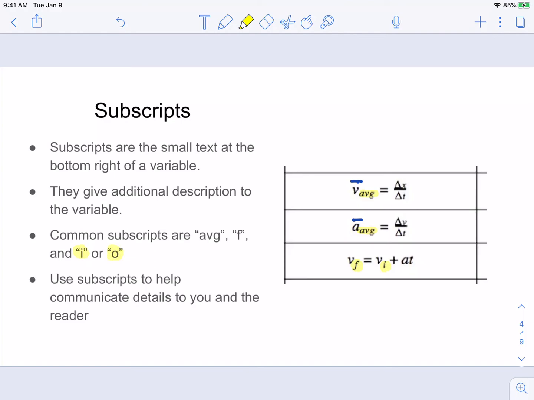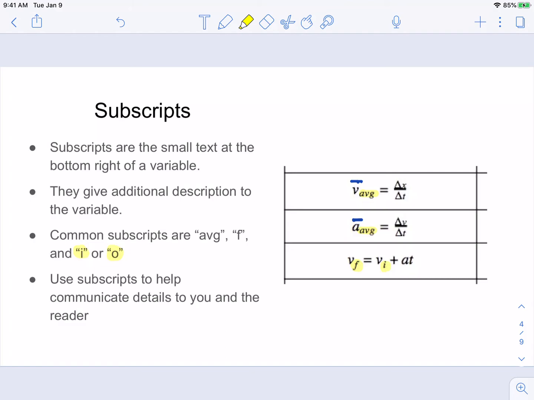And some people will say that lowercase o stands for original. So which one does your teacher use? That just ends up being the one that you use. Once you take enough physics classes, you realize that you're switching between these terms. But as long as you understand what they mean, it's not a big deal if somebody uses a lowercase i and somebody uses a lowercase o.